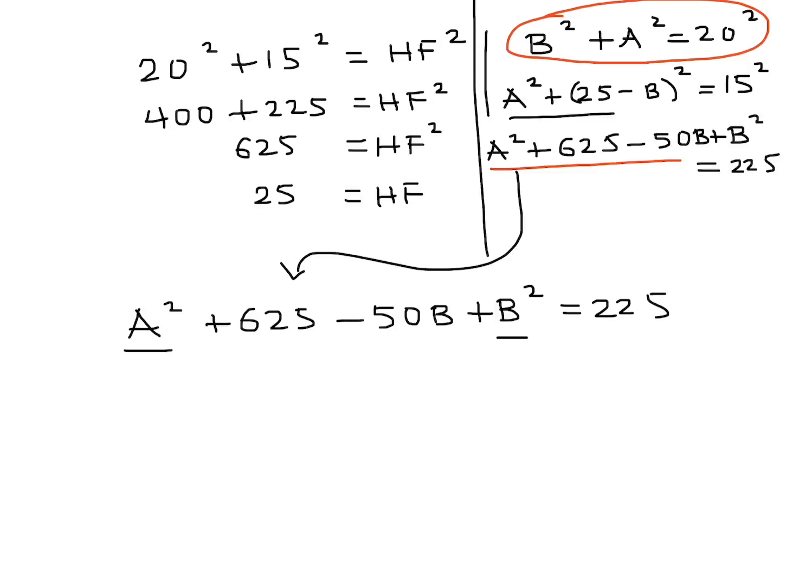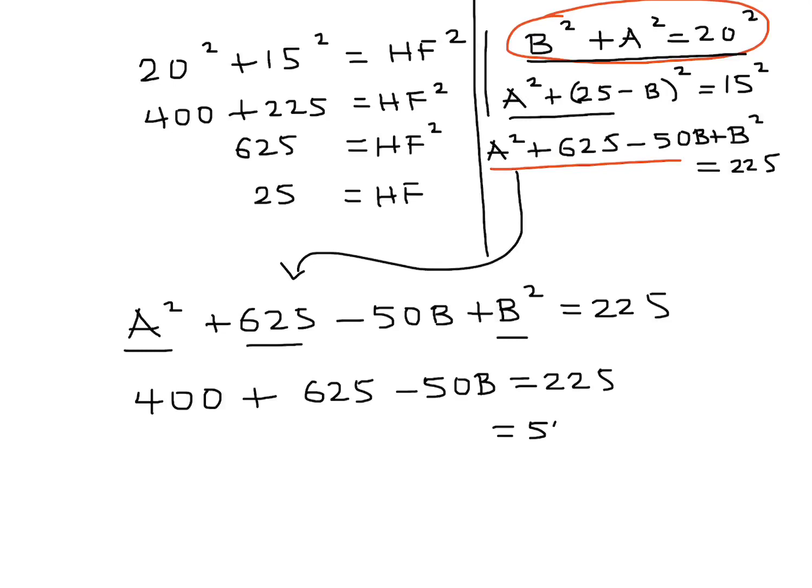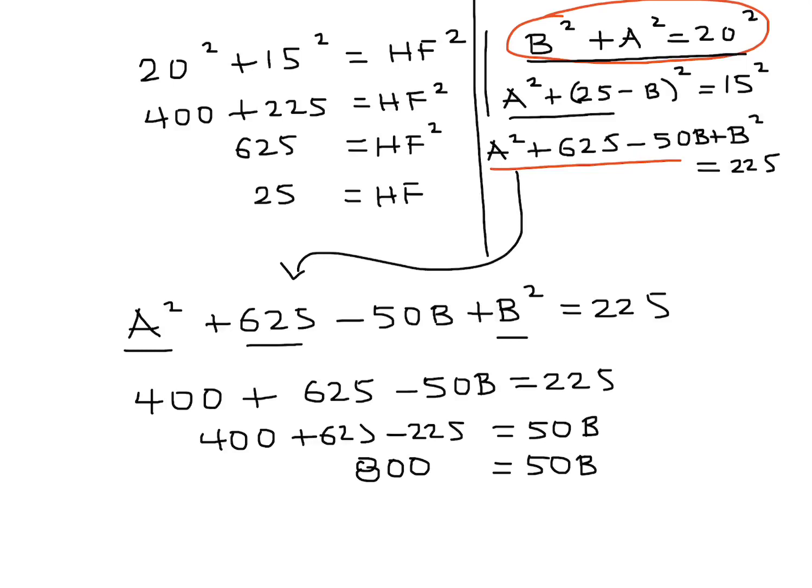But A squared and B squared we have here is equal to 20 squared. So we put that in there. 20 squared is 400. And then we just keep going here. 225. Put the 50B on the other side. And you got 400 plus 625 minus 225. And this becomes 800 is 50B. And therefore, finally, B is equal to 16.